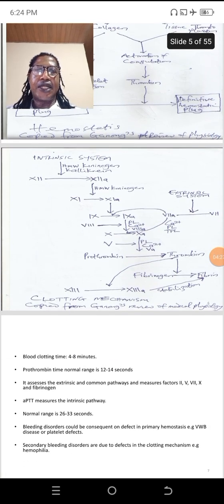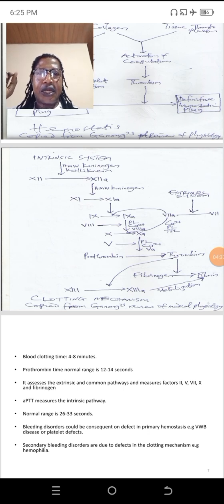This next slide is showing the different steps in the coagulation cascade. And eventually, what will happen is the generation of thrombin.